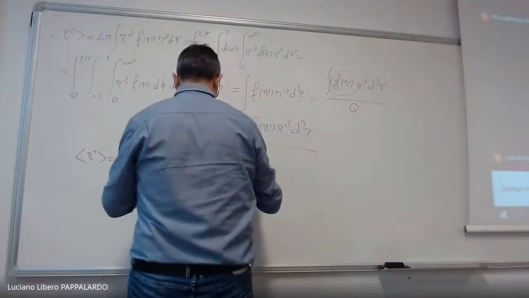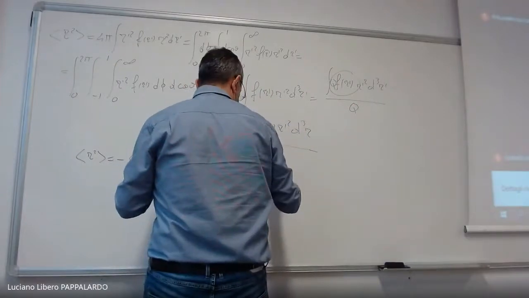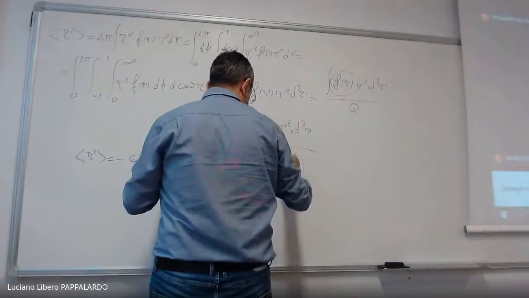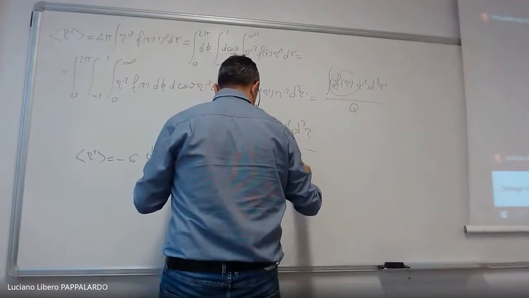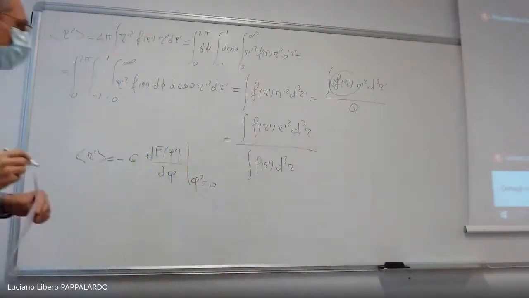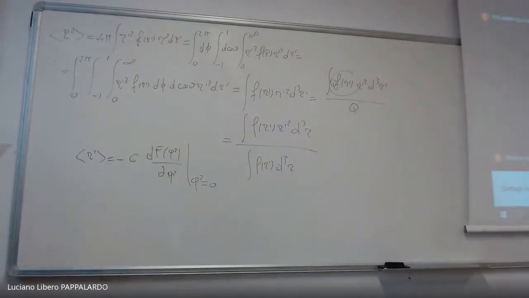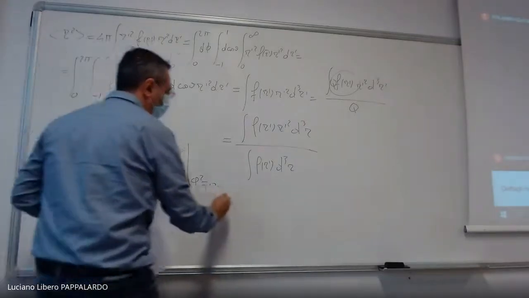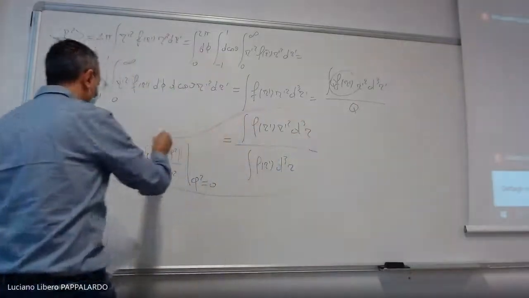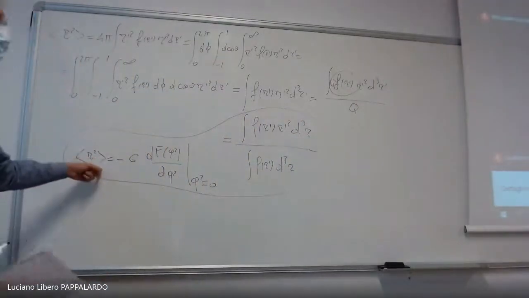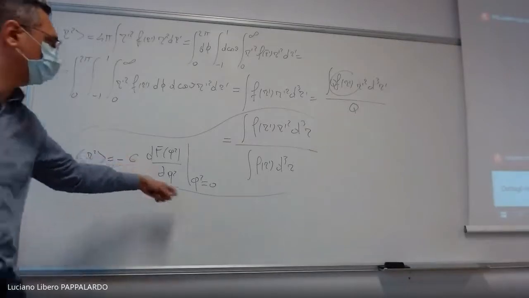And in the denominator, we have just the integral of the charge distribution in the volume. Okay. So indeed, we have two equivalent ways to express our proton mean square radius.